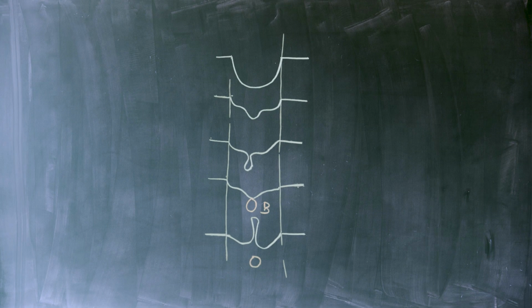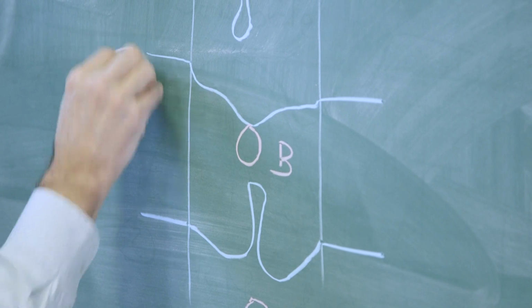So condition number 2 is that the wave should have time to propagate to the bottom of the cavity before the closing of the cavity, right? So this will be condition number 2, associated to the pink boundary.